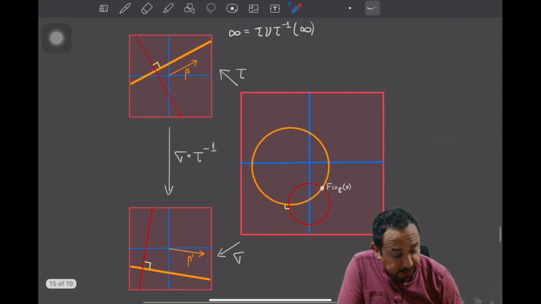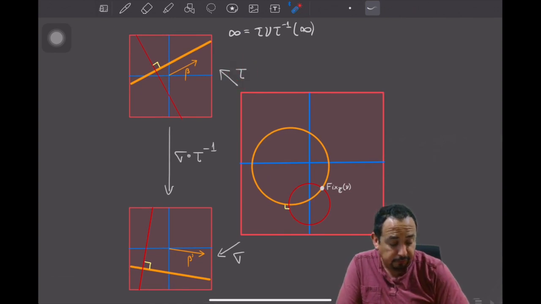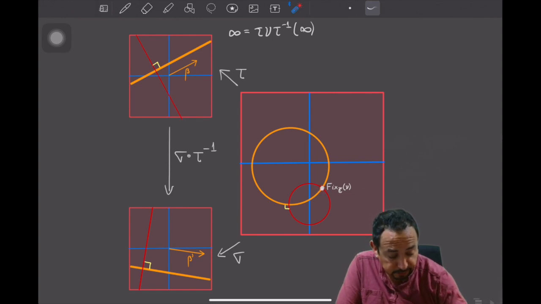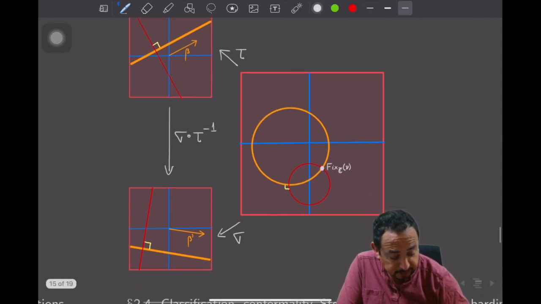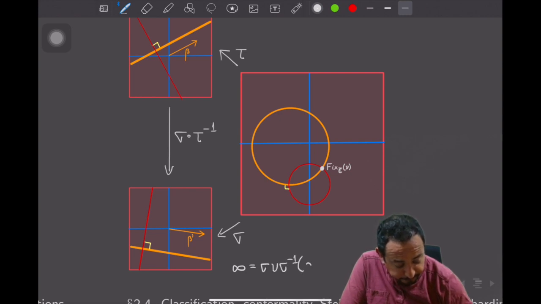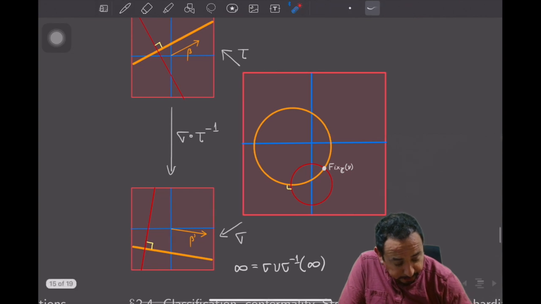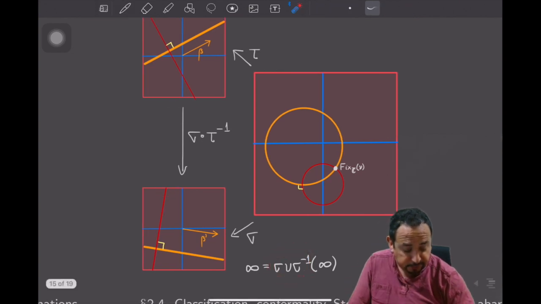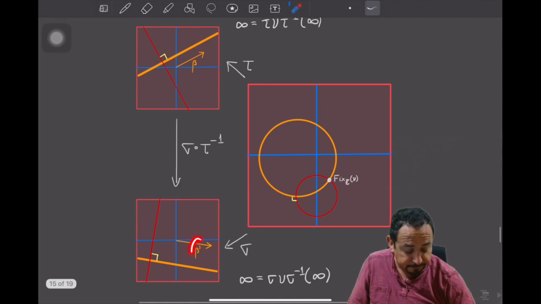But you see, for tau, I could take any Möbius transformation that sends the fixed point to infinity. So take another one, let's say sigma. Since infinity is the image under sigma of this fixed point, infinity is the fixed point of sigma nu sigma inverse. And sigma nu sigma inverse is translation by some vector, let's say beta prime.